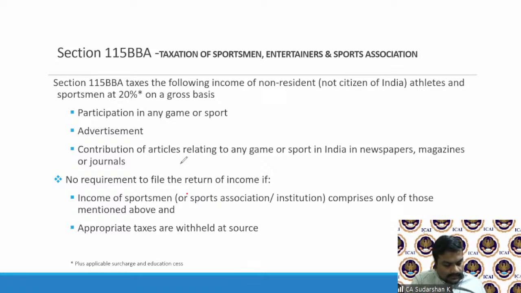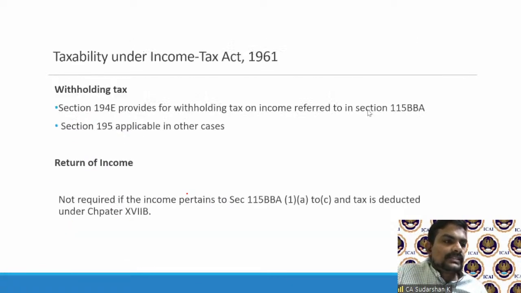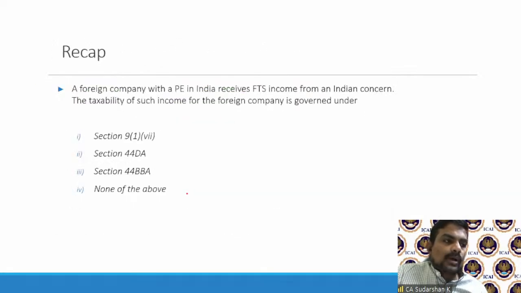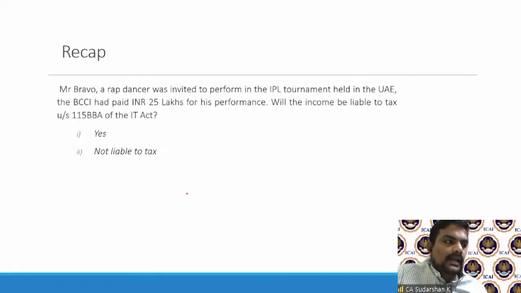So the question is, this performance is happening in the UAE. That is very, very crucial. Since, for entertainers as well as performances, the main nexus, the connecting factor, is that the performance should have happened in India. So in the given case, since the performance is happening in the UAE, 115BBA will not be applicable, because 115BBA will trigger only if the performance is happening in India.